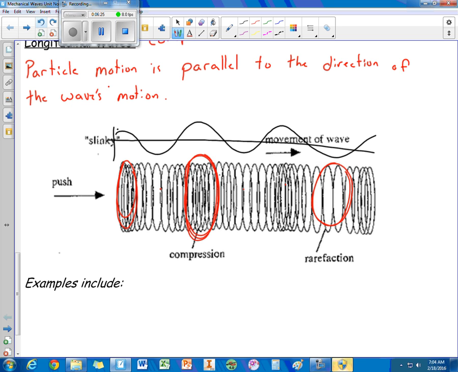So we can still have a wavelength, we can still have an amplitude, all that other fun stuff, period, wave speed, but longitudinal waves use compressions and rarefactions.